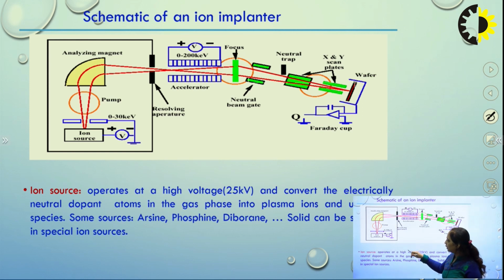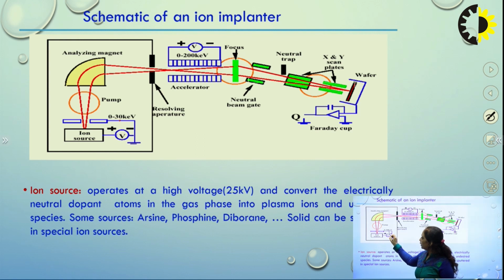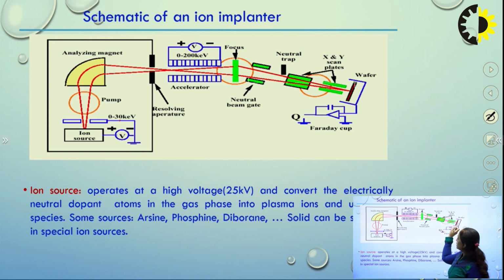From here we have the ion source, which is accelerated at 0 to 30 kilo electron volt, and it is pumped, and by using an analyzing magnet it is targeted towards the wafer.